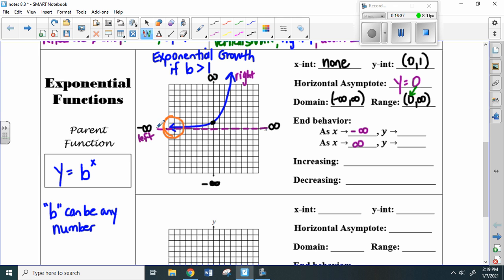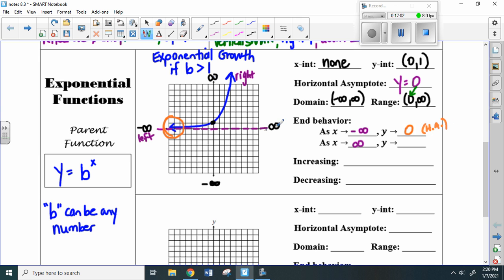It's going left, but it's never going to go down past this asymptote. And so the closest y I can ever get to is 0, because that's my horizontal asymptote.